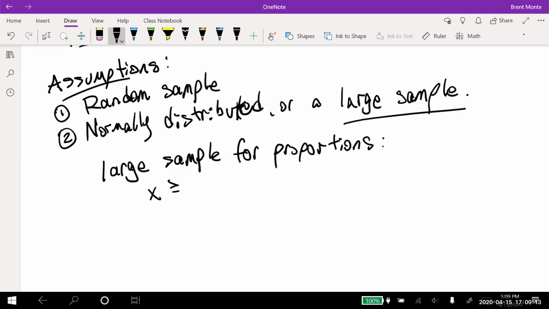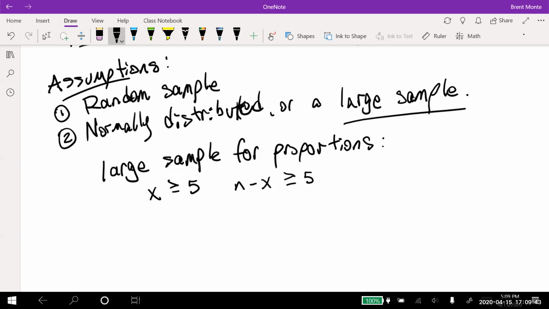So we have to have at least 5 people that have the characteristic. That's what we're going to determine is a large enough sample. And then n minus x, so that's the total sample size minus the people that have the characteristic. So n minus x is the people that don't have the characteristic. That has to be at least 5 people also. So you have to have at least 5 people have the characteristic and 5 people not have the characteristic.